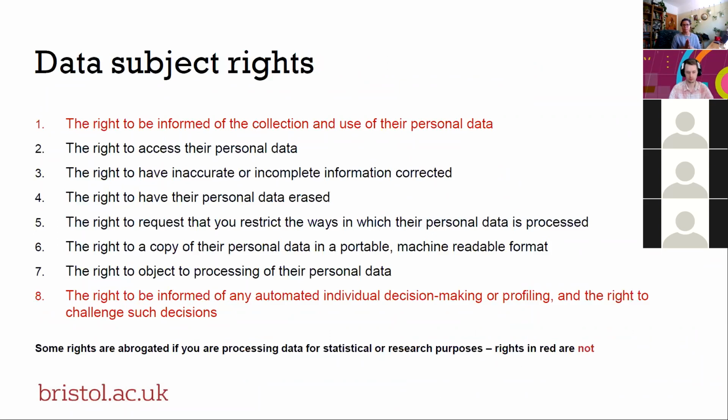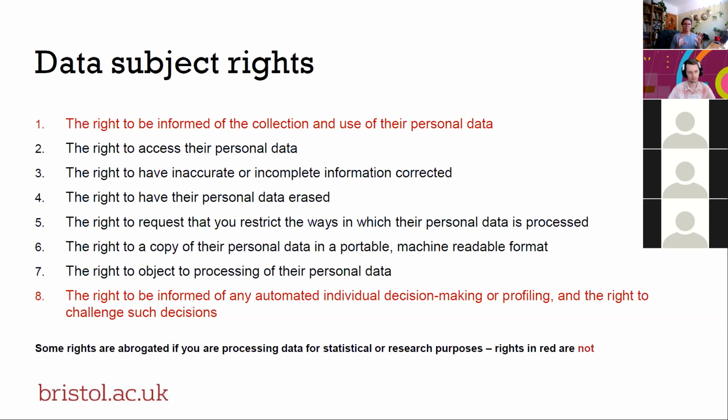Okay, so once you've got your legal basis for processing data and you're satisfied that you're processing it for a proper reason, the data subjects will still have certain rights. For the most part, everybody, including you or I as data subjects in our own lives, would have all of these 8 rights.